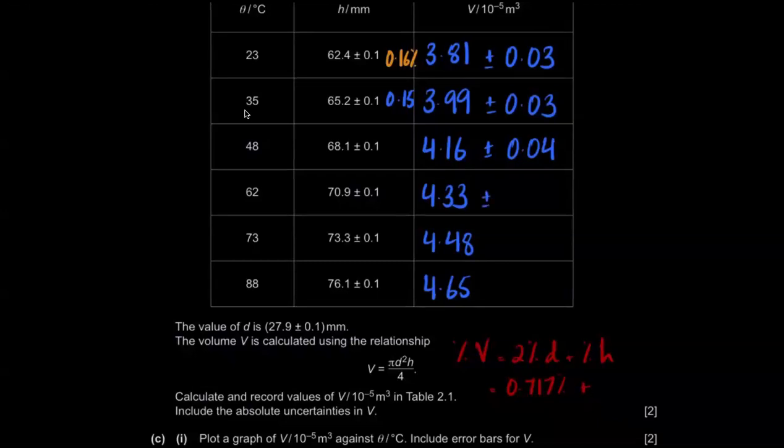Again, this will be rounded up to 0.04. 0.1 over 73.3 times 100 plus 0.717 percentage of 4.48, 0.038, again 0.04, plus minus 0.1 over 76.1 times 100 plus 0.717 percentage of 4.65 turns out to be 0.039, which is also 0.04. So any questions on how I filled up the table?